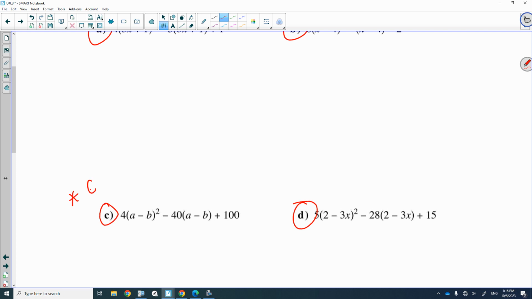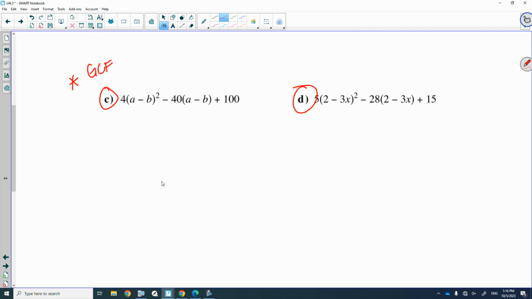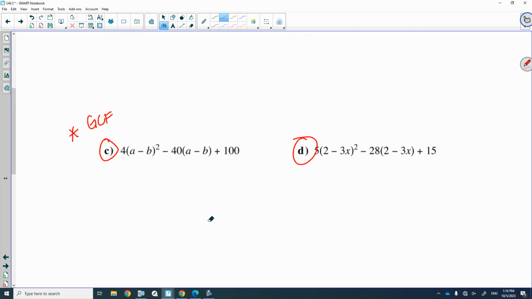This will also be a GCF. So I'll show you what I mean. Let's set up C together. So I'll only give you 4 of them right now. And then when I get back, I'm going to give you a worksheet on factoring.